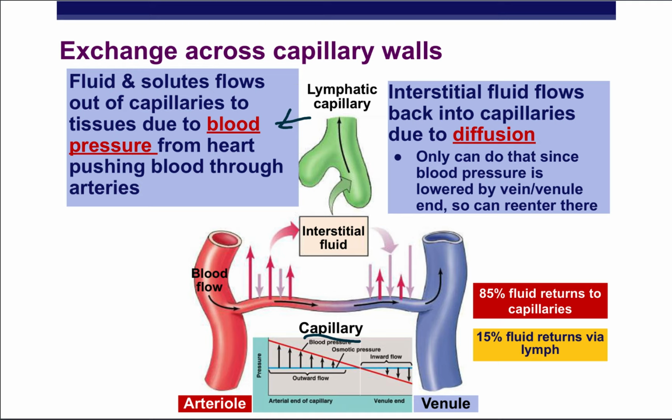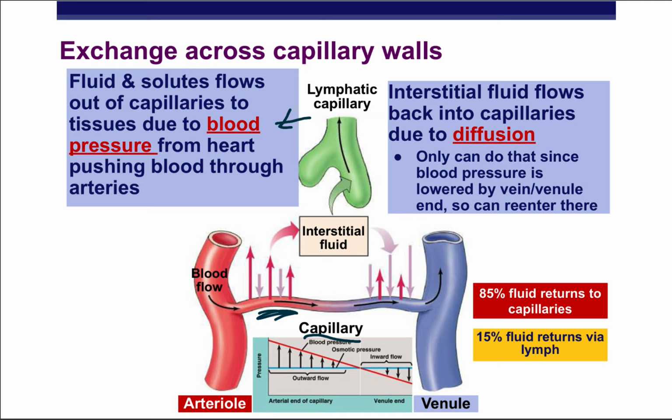So the blood is going to leave and exit the capillary and flow into your tissues, into the interstitial fluid. Then, as the blood flows through the capillary and it loses more fluid and it also gets further and further away from the heart, it begins to lose blood pressure.